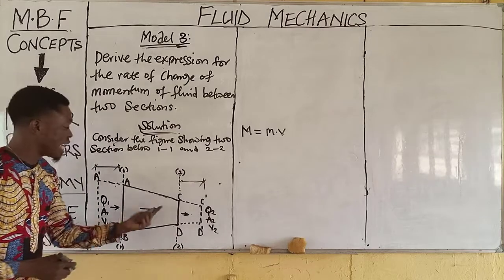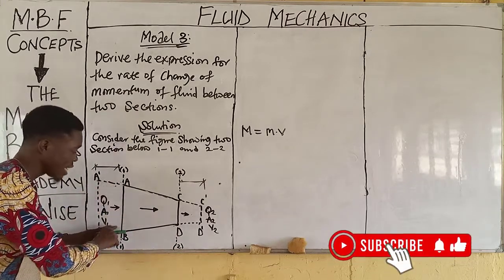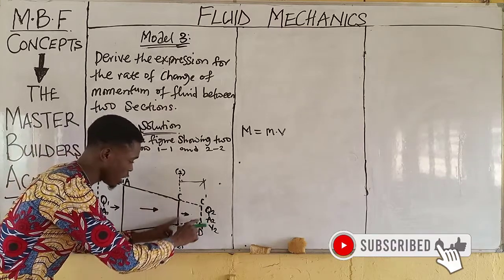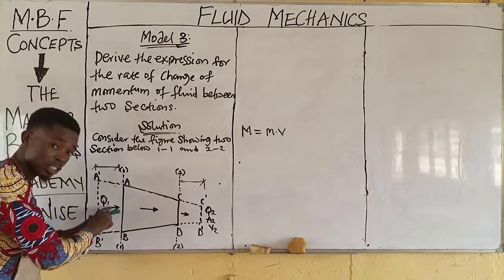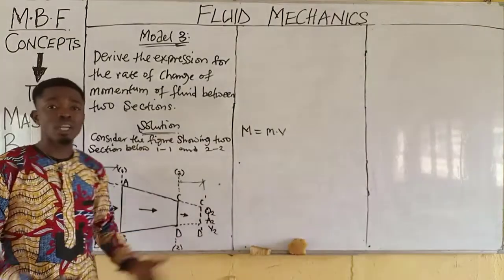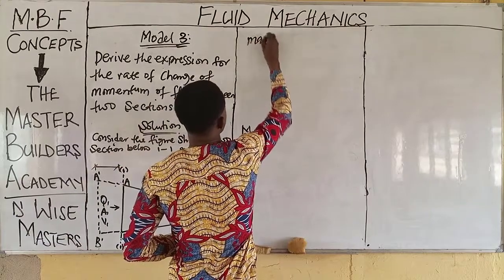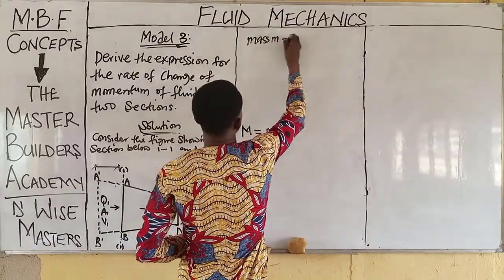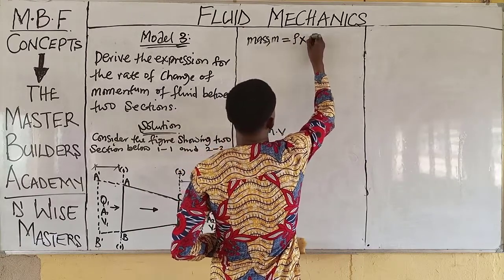So we need to find the mass of the quantity of fluid contained here, and of the fluid contained in this section. Are you there? So now how do we get this done? The first thing is we record that mass M is equal to density multiplied by volume.